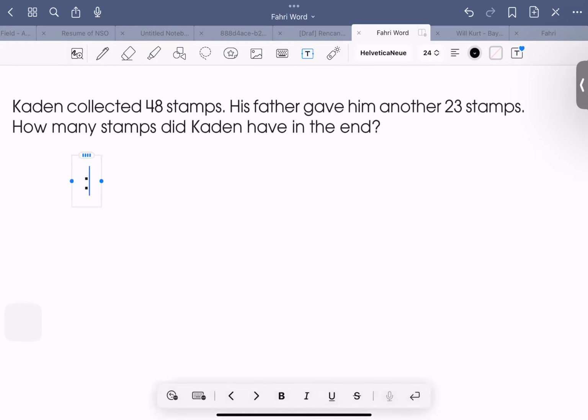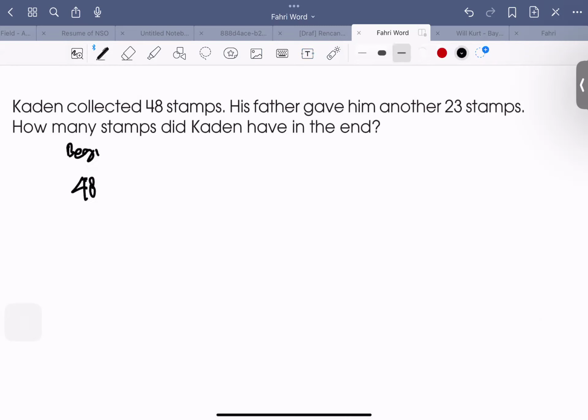So, in the beginning, Caden collected 48 stamps. Then, in the process, his father gave him another 23 stamps. So, gave means addition, 23.